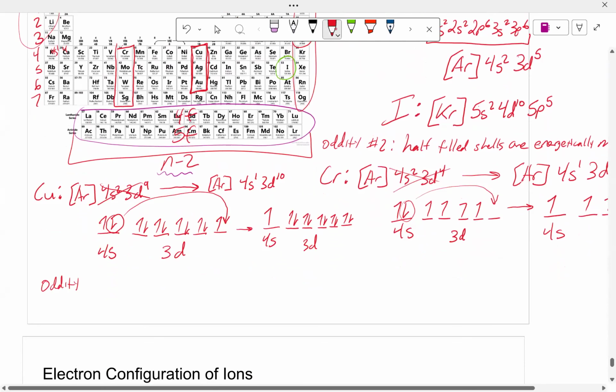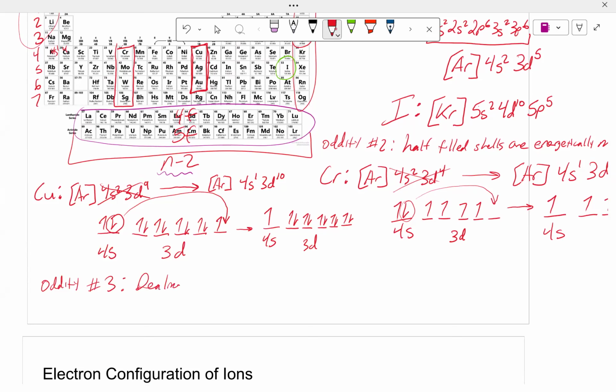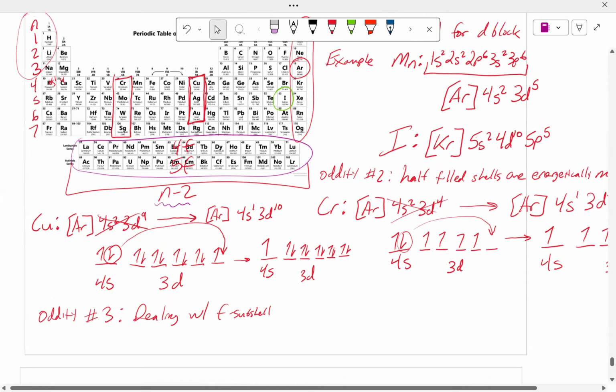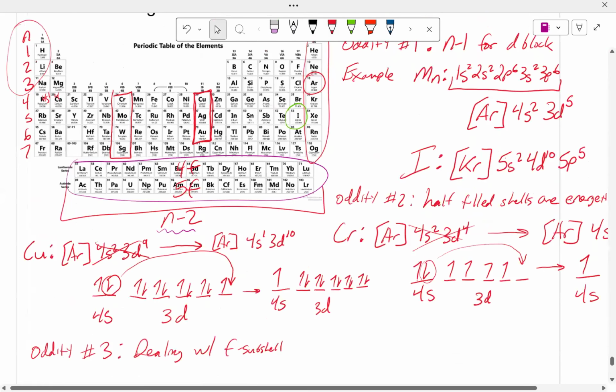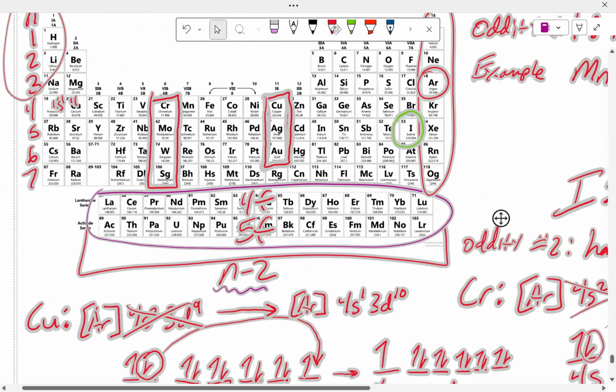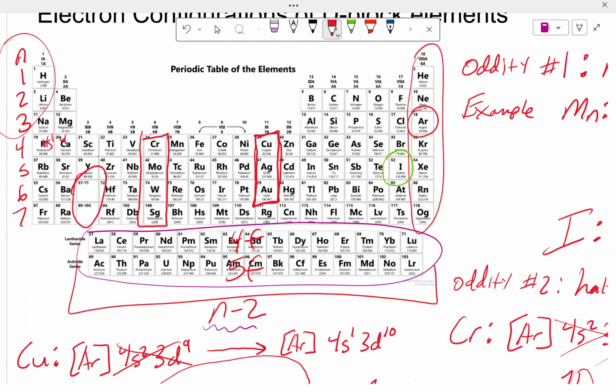And then finally, weird thing number 3, I kind of touched on, but I'll highlight it here. Dealing with the f subshell. And remember, the reason why the f subshell is kind of weird is because it's like they were taken out of the middle of the periodic table and then placed down here.